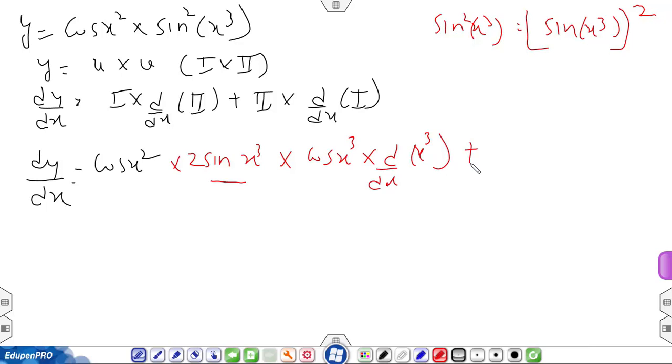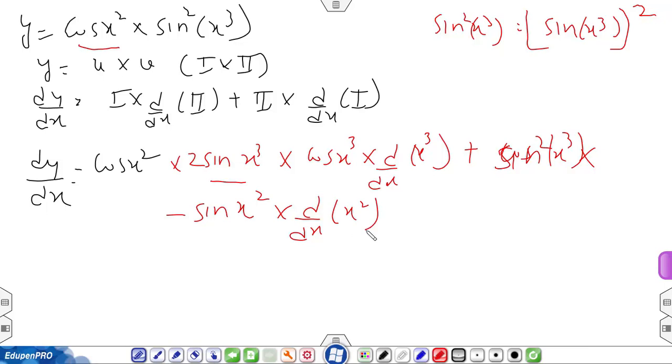Now sin square x cube, the second function, as it is, into the derivative of the first, which is cos x square. The derivative of cos x is minus sin x square, into the derivative of x square.